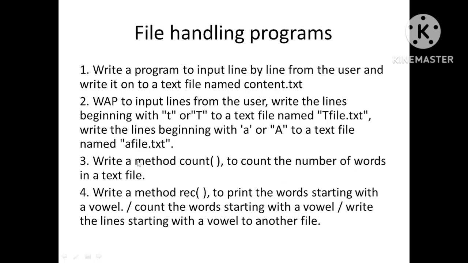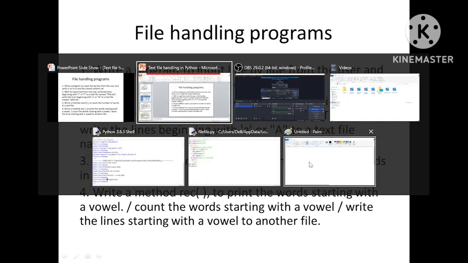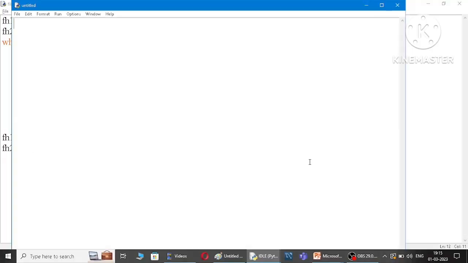So it is given: write a method. So you have to use the def keyword to declare a method and then count the number of words. To do this, let's open a new file. How will you count? You have to read the content. Now, before getting into the program, I will tell you how to read contents from a text file. There are generally three types of questions.